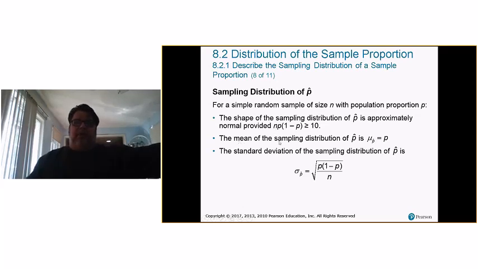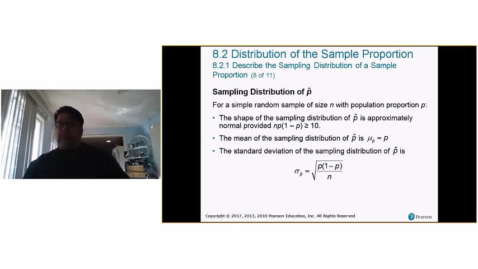And here we go. The mean of the sampling distribution of p hat, mu sub p hat, is equal to p. We'll get to that when we get to the example. And this is what you need. The standard deviation of the sampling distribution of p hat, sigma sub p hat, is equal to the square root of pq over n.